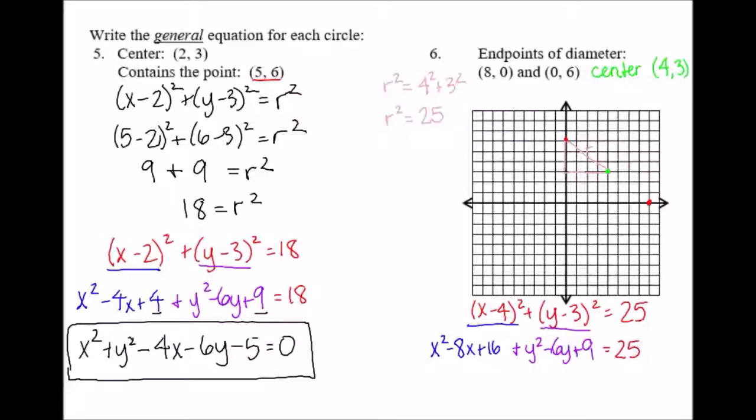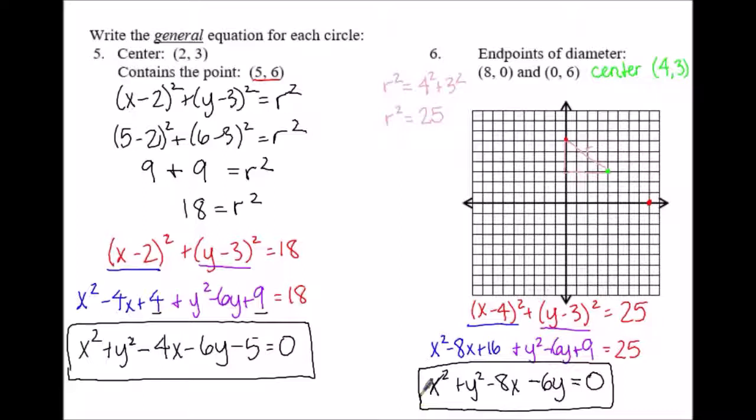So when I combine my like terms and set it equal to 0, I end up with x squared plus y squared minus 8x minus 6y plus 16 plus 9 would give me 25, but when I subtract 25 from both sides, I end up with 0. So that would be my equation in general form for a circle with endpoints of the diameter at (8, 0) and (0, 6).